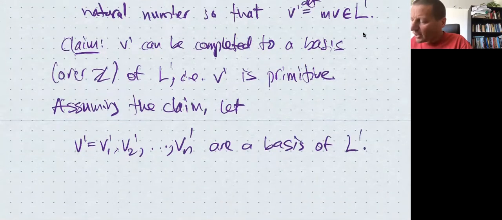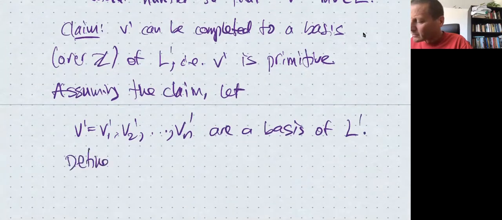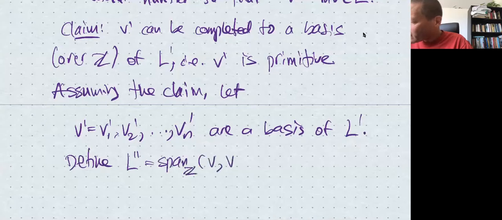And I'm going to define L double prime to be the Z span of V and V2 prime.